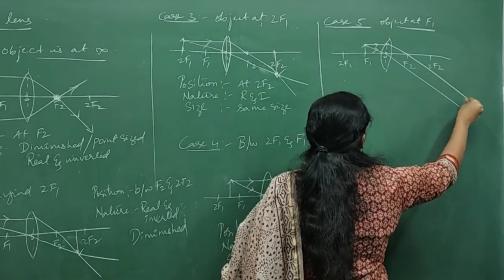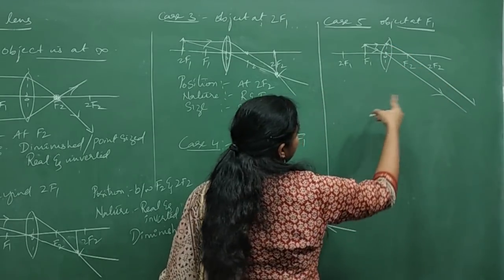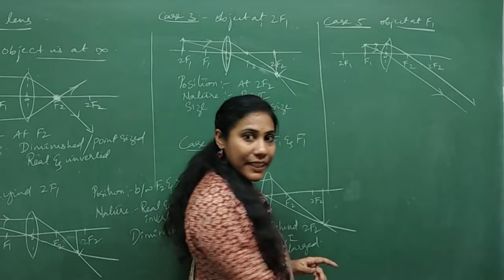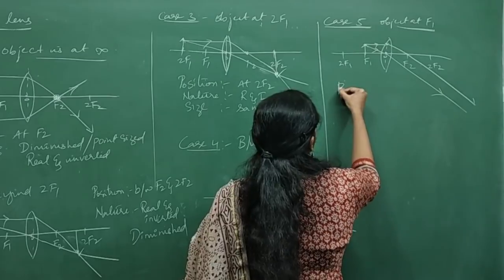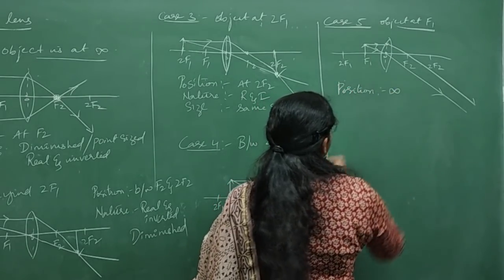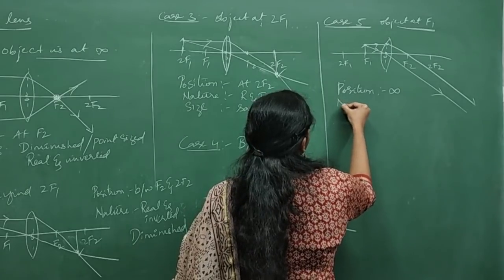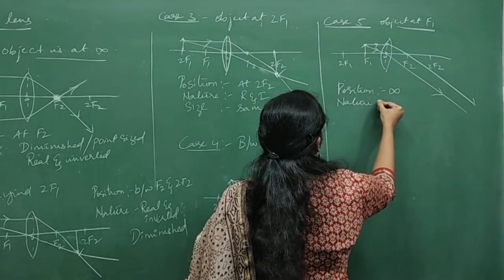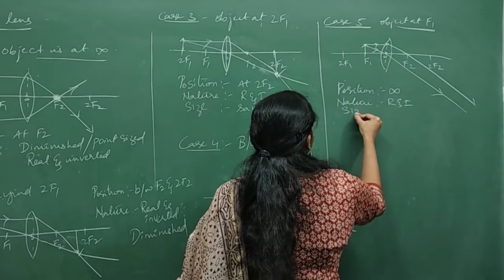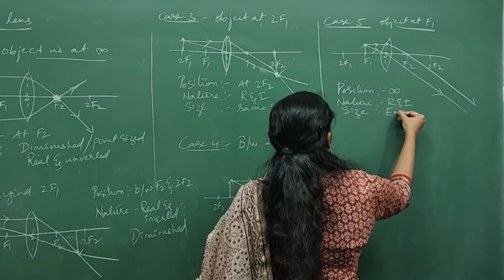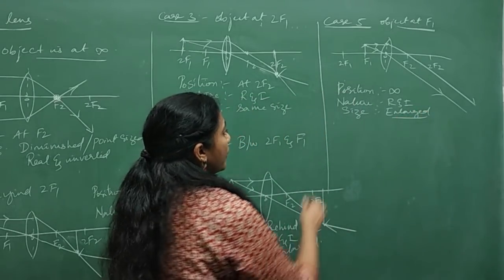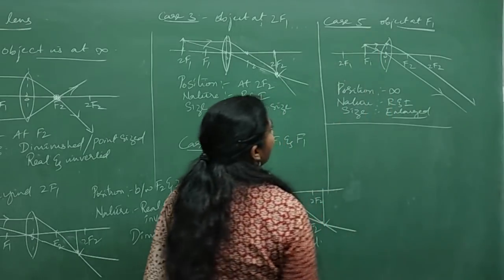So I would get something like this. So here these two would meet at infinity. So I can write position of image is at infinity, and nature of image is real and inverted, whereas the size is enlarged, isn't it? So this is what you can write for case 5.